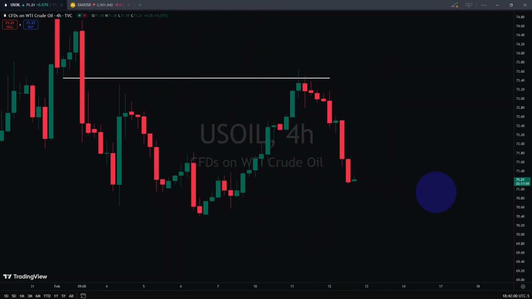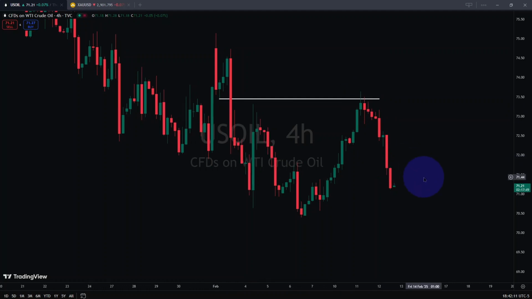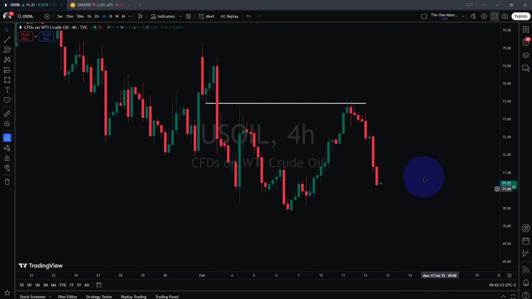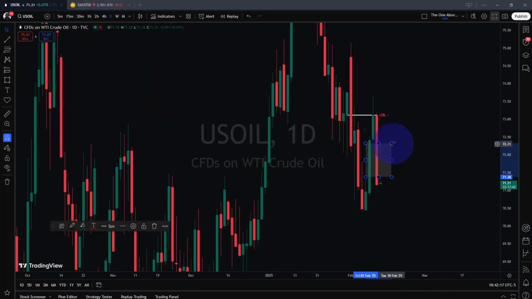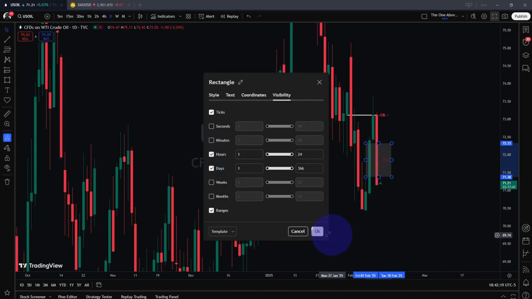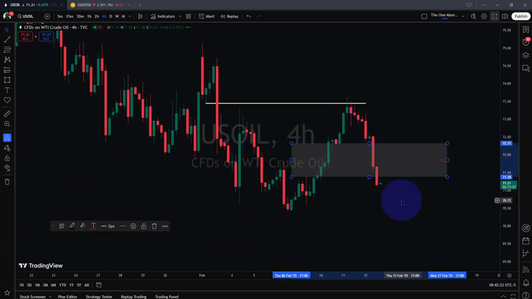So yeah, the market traded into premium on Tuesday, and we began to see breakdown today. So we have the daily fair value gap. That's the daily inversion fair value gap. We have that, and let's see how it overlaps on the 4-hour chart.